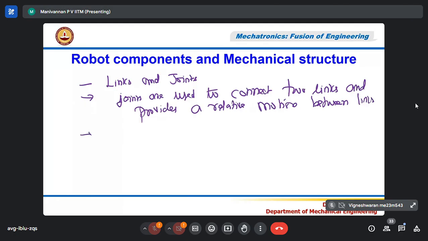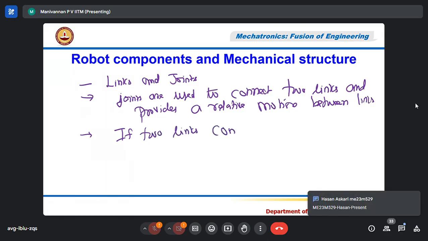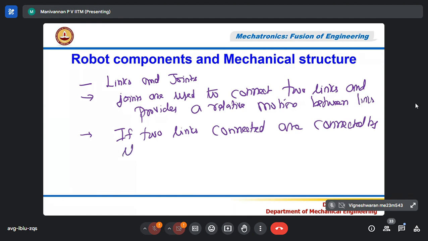Then if two links are connected by a joint, it is called a kinematic pair.